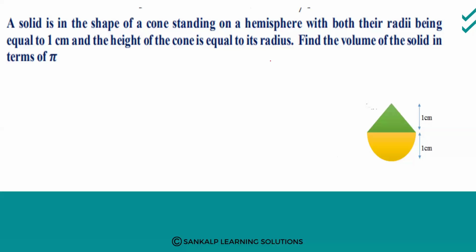That means height is equal to radius. So radius is 1 centimeter, right? Find the volume of the solid in terms of pi. So here one hemisphere is there and one cone is there, right? This solid is made up of two shapes, one is hemisphere and one is cone. Now, the volume of the solid we need to find out, right?